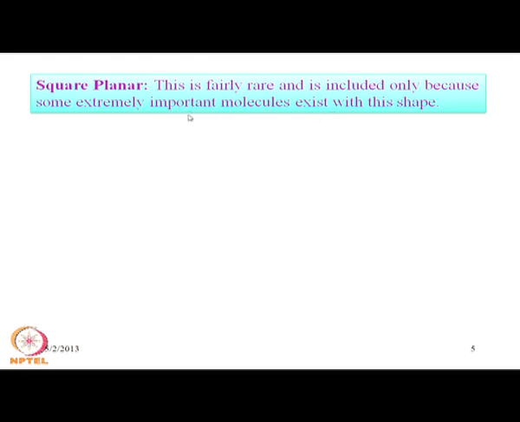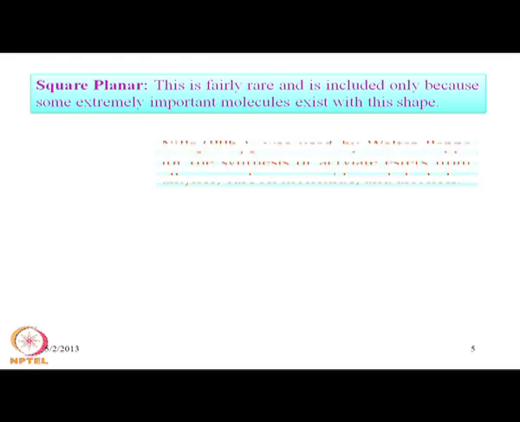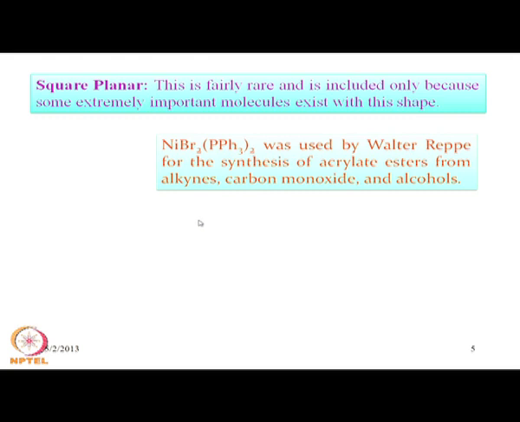Whenever we have cyanide as the ligand, we have Ni(CN)4 2 minus, with 4 cyanide groups attaching to the nickel center, and that provides a square planar geometry. Similarly, we can have NiCl2 phosphine, which was used by Walter Reppe for the synthesis of acrylate esters from alkyne, carbon monoxide and alcohol.